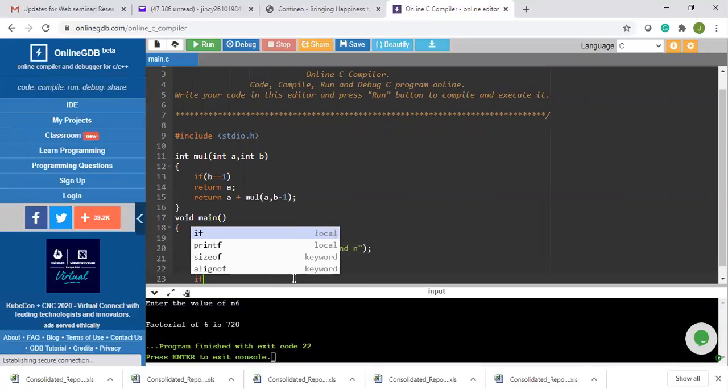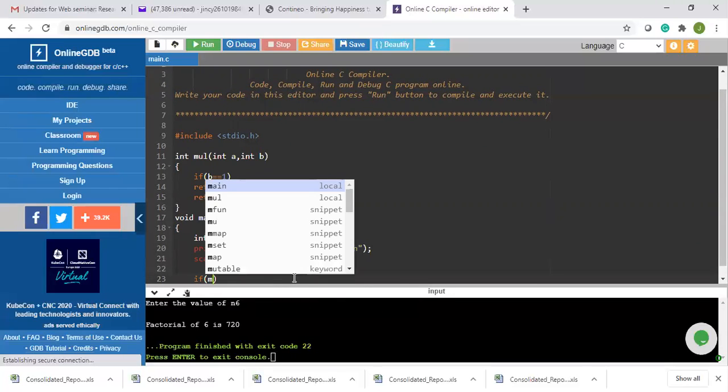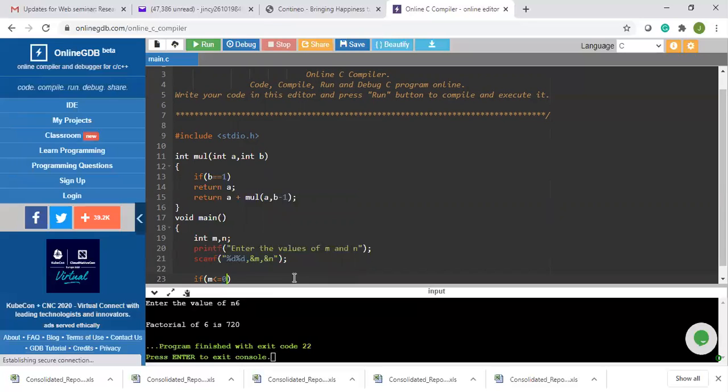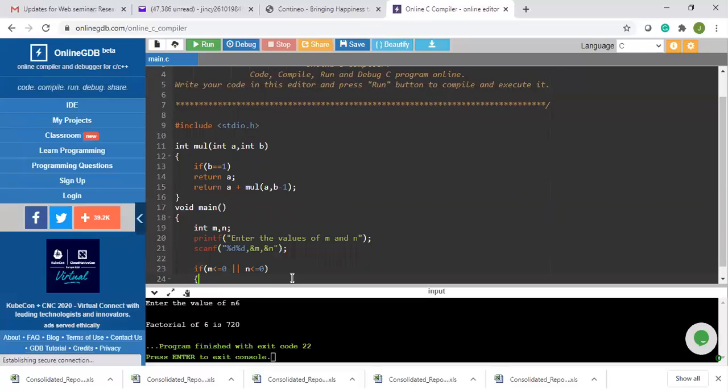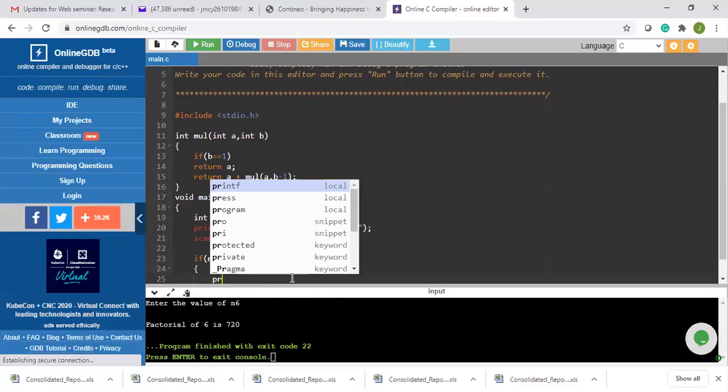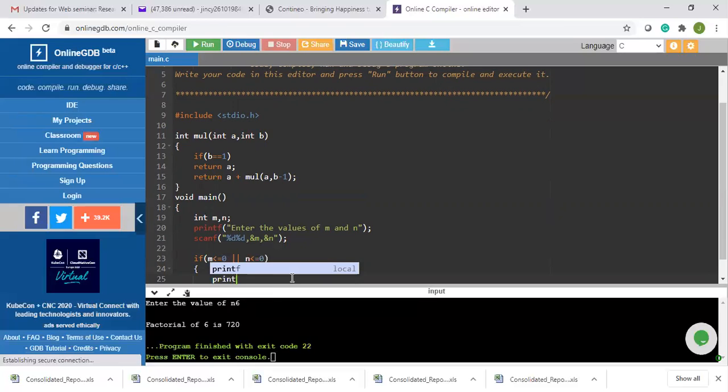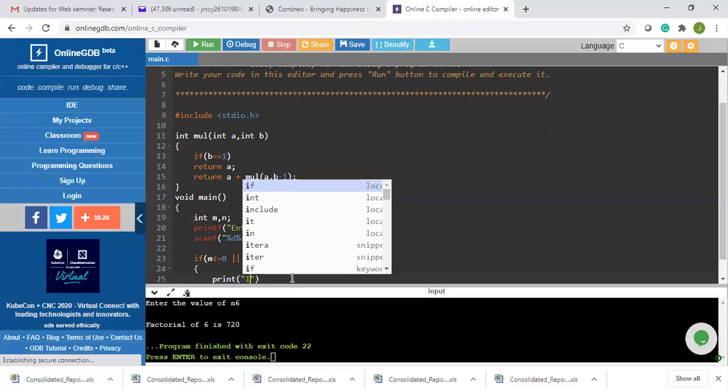We are also going to check the condition: if m is less than or equal to 0, or, this is the symbol, n is less than or equal to 0. If any of these conditions holds, that is if the integer is less than or equal to 0, then we have to print that it's an invalid input. So you're going to check that.